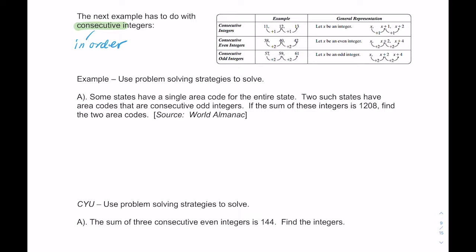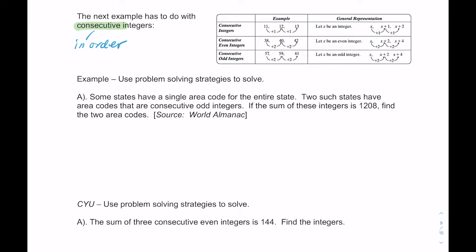If I'm talking about consecutive even and odd, they are even numbers in order and odd numbers in order. So 38, 40, and 42 would be consecutive even integers, and consecutive odds would be 57, 59, and 61.